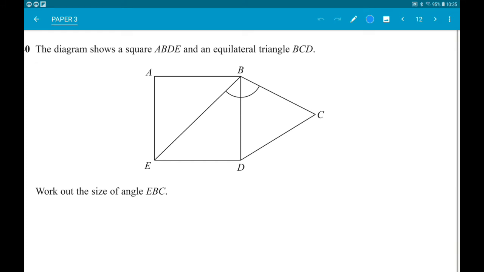Okay, number 20. The diagram shows a square, A, B, D, E, and an equilateral triangle, B, C, D. We want to work out the size of angle EBC.